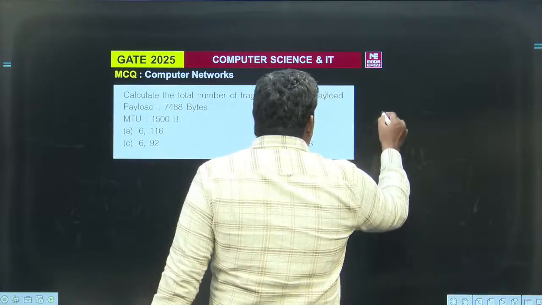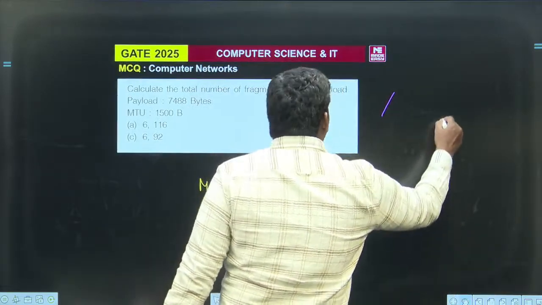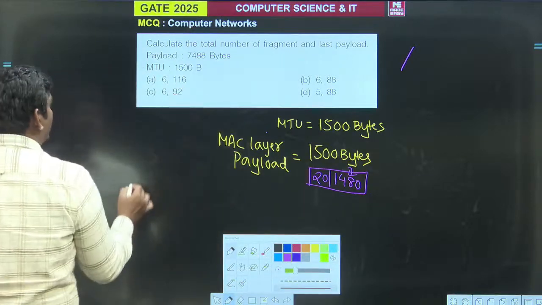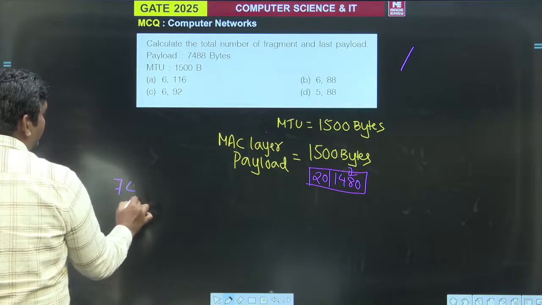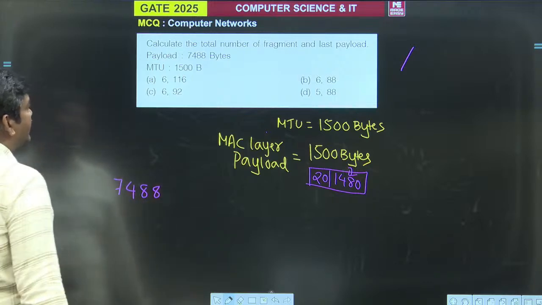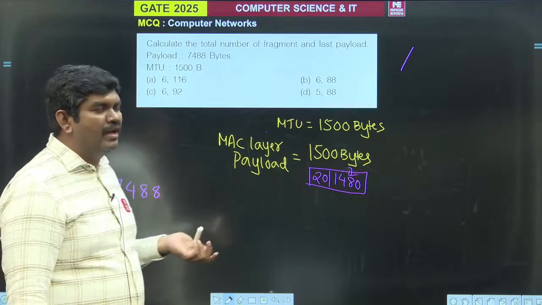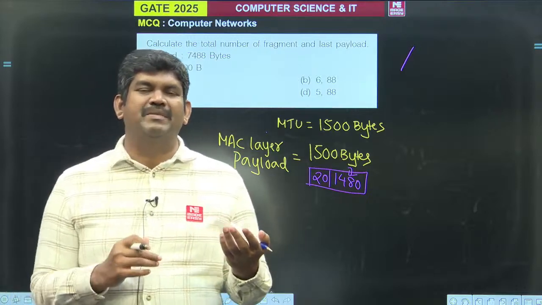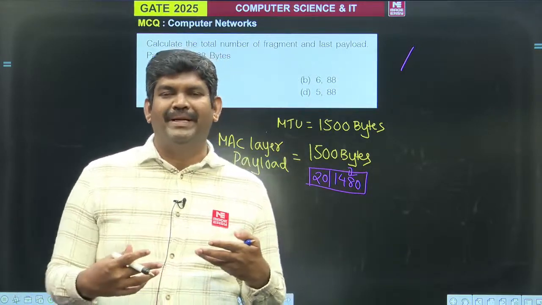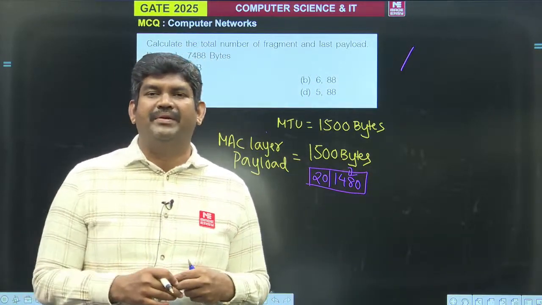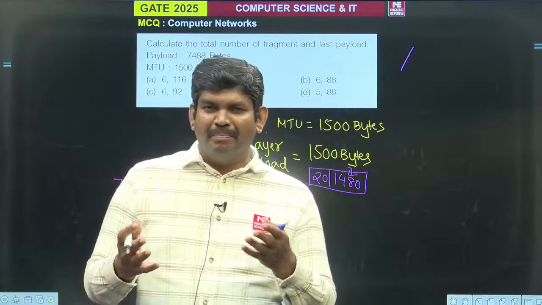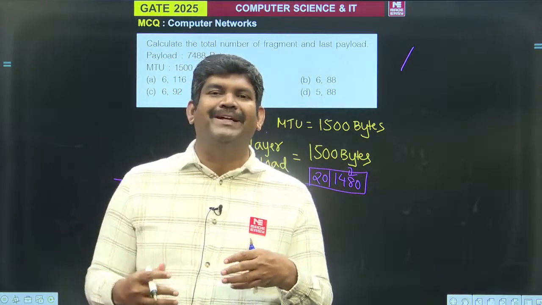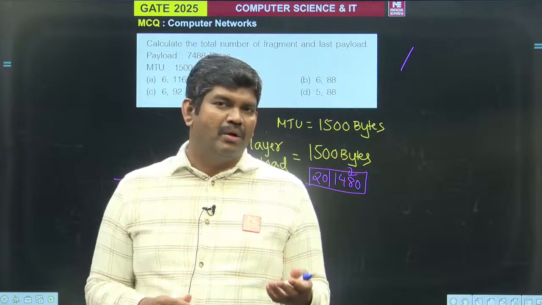So when you do the fragmentation, you can observe that the payload value is mentioned as 7488. It is a UDP payload if they have mentioned. The basic idea is when you do the fragmentation, the TCP header as well as the UDP header, which is available at the transport layer, also becomes the payload to the network layer, because at the network layer you just add the IP header which is 20 bytes. So that you have to observe.